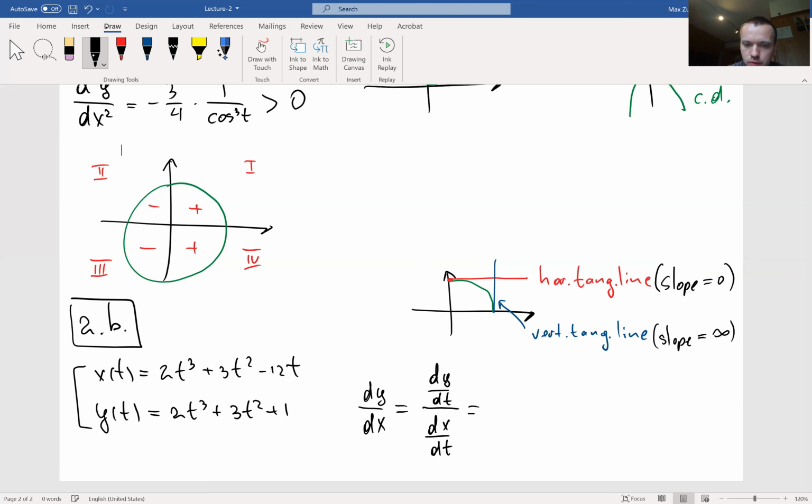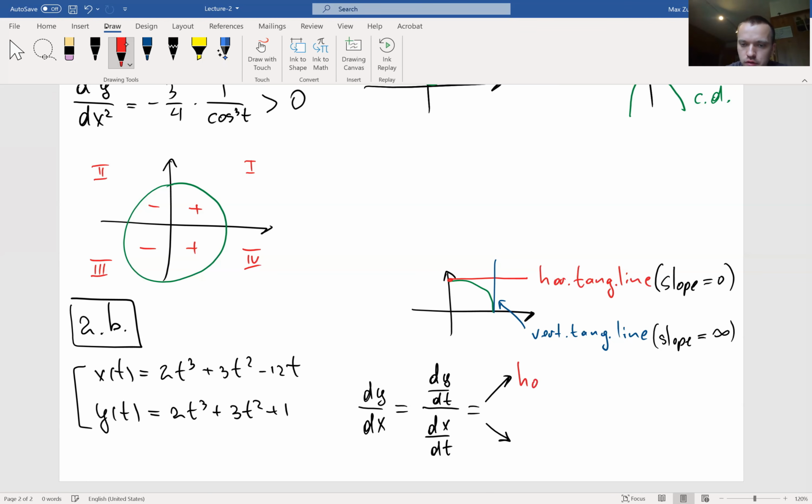So here we're going to have two scenarios. To find the horizontal tangent lines, what do we need to do with this expression? Can't we just find when dy/dt is 0 and dx/dt is defined? Perfect, yes.